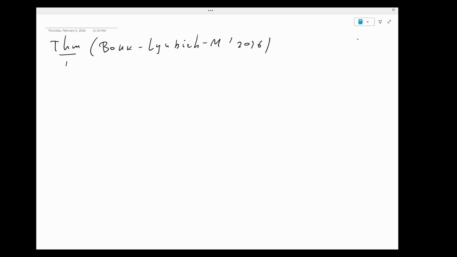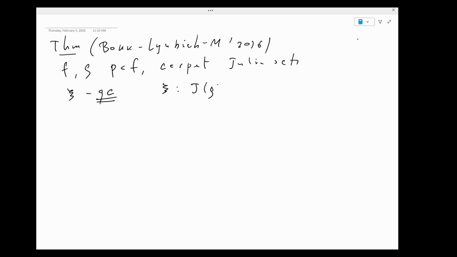We had a similar setup of PCF maps with carpet Julia sets, but we looked at quasi-conformal maps, not quasi-regular, such that the Julia set of F is mapped to the Julia set of G. Here, you don't need to take a preimage of J of G because it's a homeomorphism.